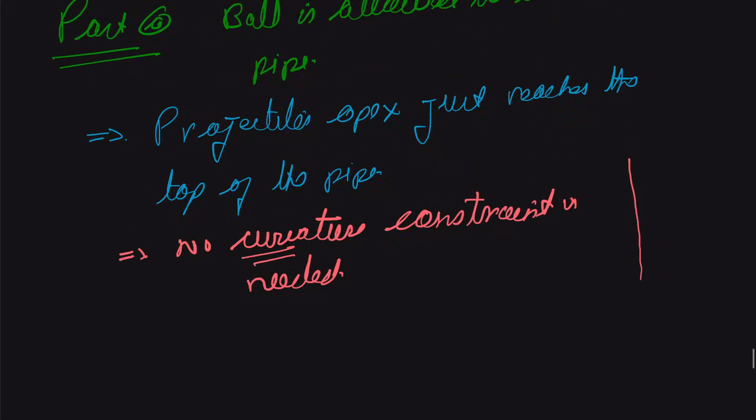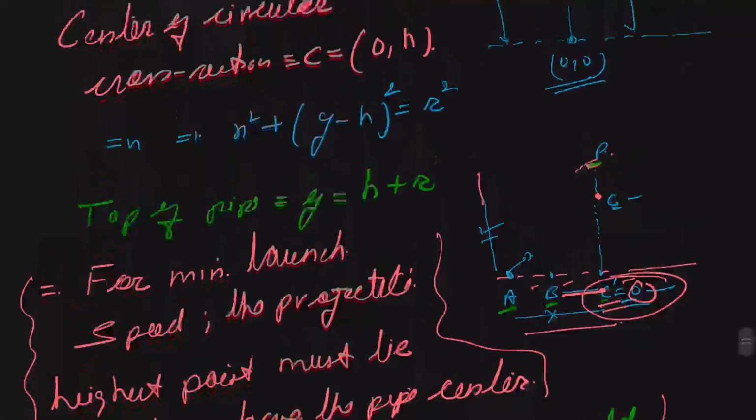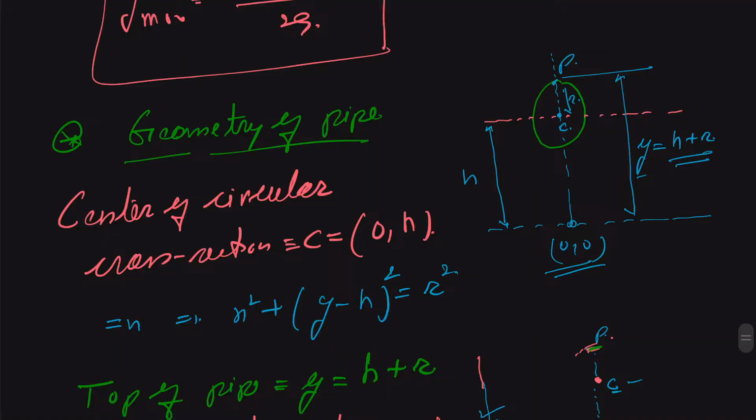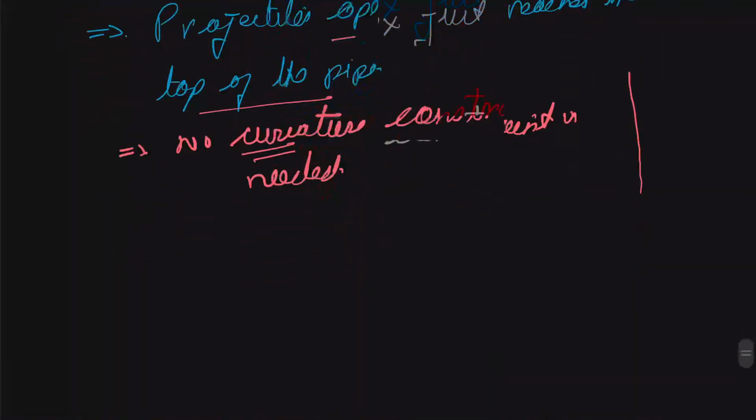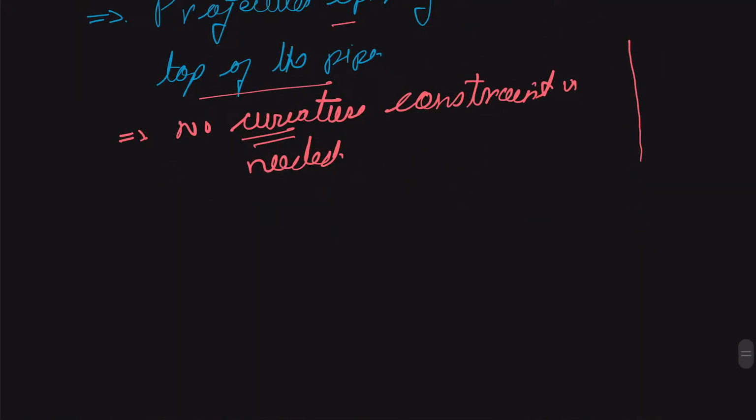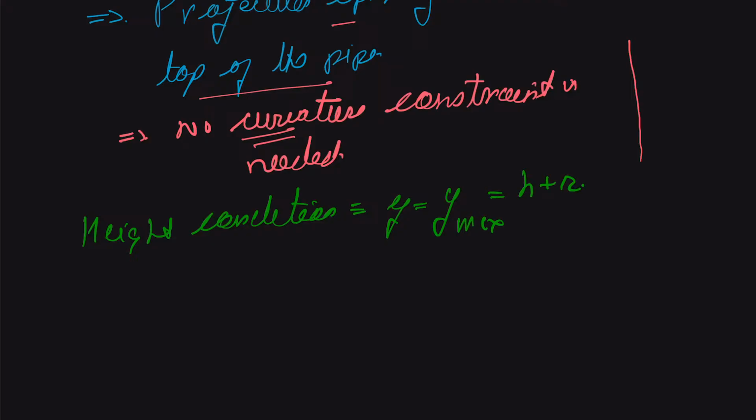And like I said, the projectile apex just reaches the top of the pipe, and we have assumed that the apex point P is our y. So this y will be nothing but our y max. We can write our height condition: y is equal to y max, which is equal to h plus r.